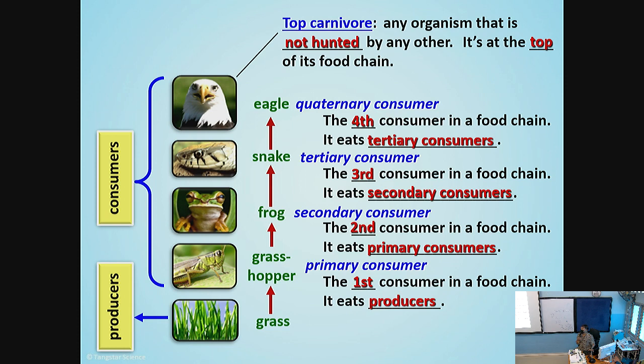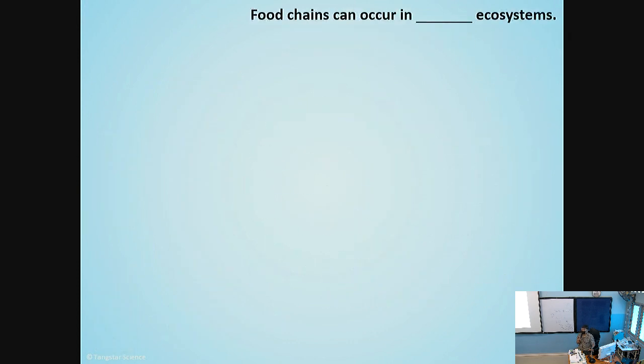Remember, this one is a terrestrial ecosystem, which occurs on land or on the surface. If we have a land or terrestrial ecosystem, we also have what?